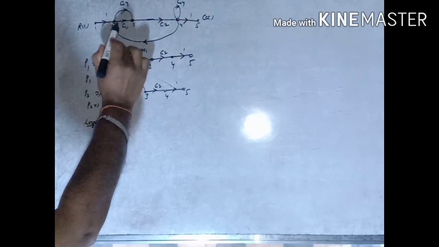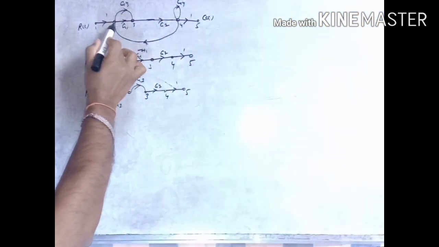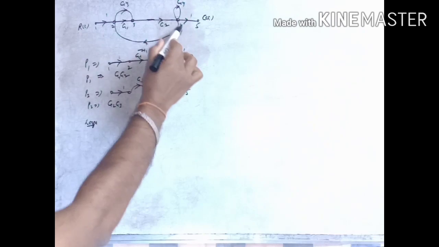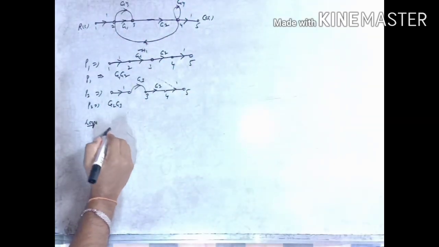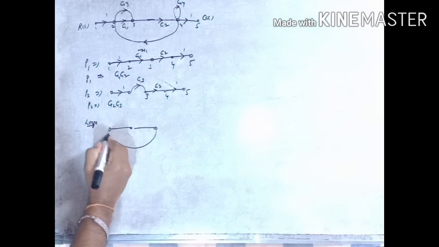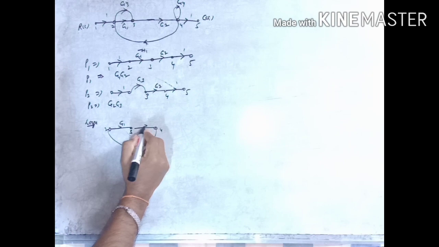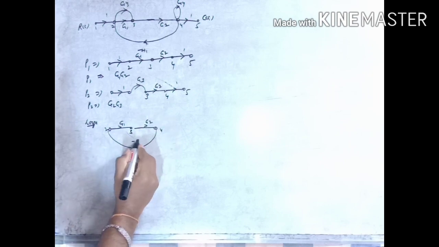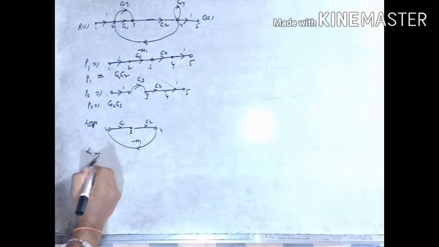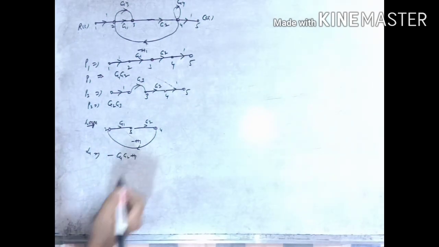So here we can see 2, 3, 4 and again it comes back to the same node. It is one individual loop, 2, 3, 4 coming back to 2, with gains G1, G2 and minus H1. Writing the gains product, L1 equals minus G1 G2 H1.